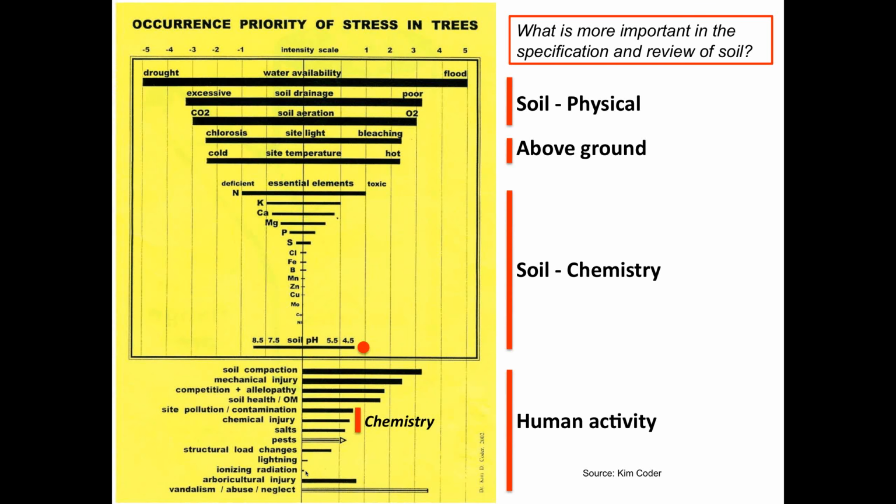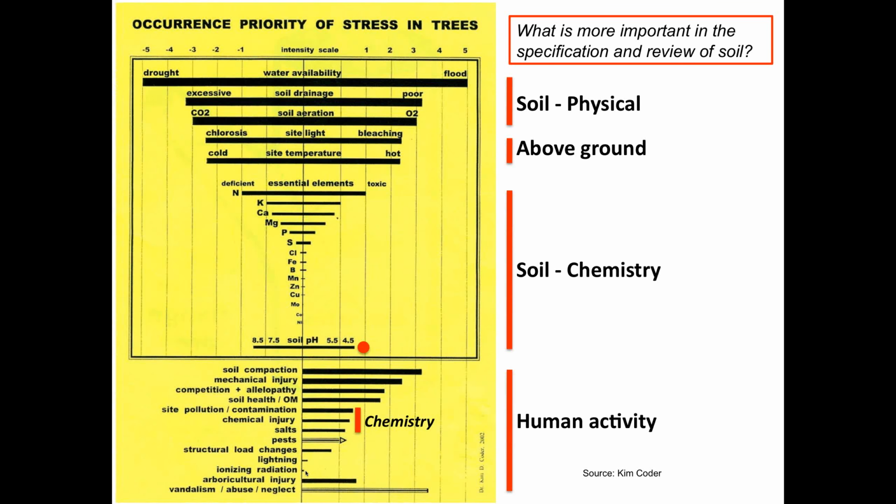And the fatter and longer the line, the greater the intensity and degree of the problem, and the short little thin lines have very little intensity to them. And you can see that the physical issues with soil have a huge impact on the success or failure of the plant.